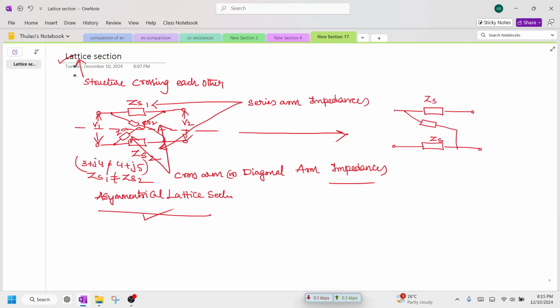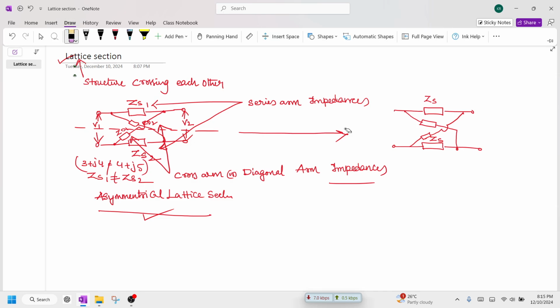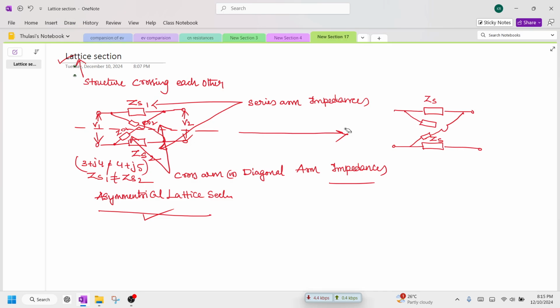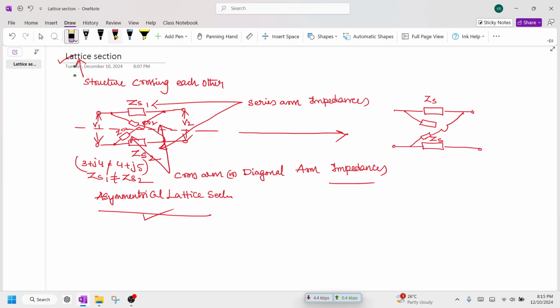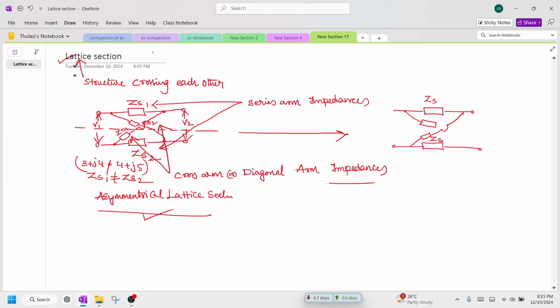This is one diagonal arm impedance and this is another; I'm going to call this ZD and this is also ZD.